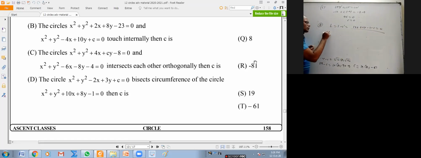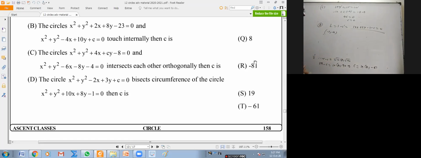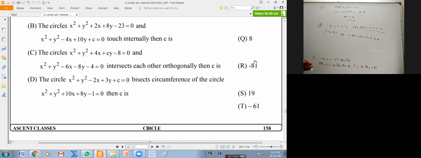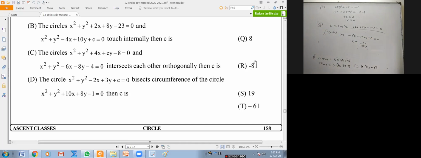That should pass through the center of the second circle, which is minus 5 comma minus 4. When you put minus 5 comma minus 4, this will be minus 60 minus 20 minus 1 minus c equal to 0. So c is minus 80. Okay, so each question is just using one of the basic formulas only.